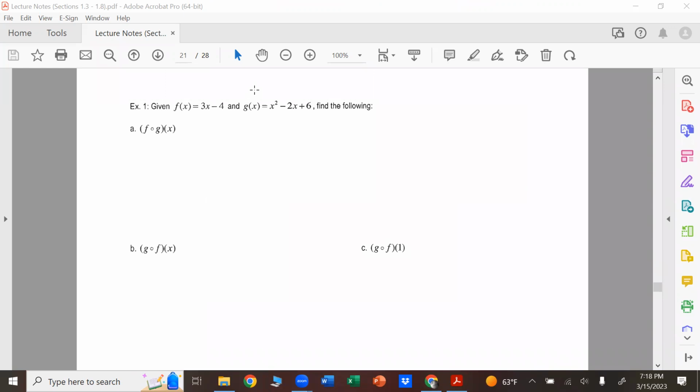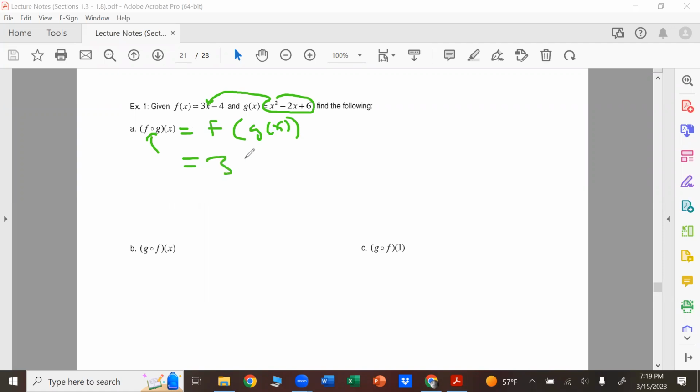So here we're plugging a function into a function. When you see this here, where it looks like an open circle, it actually means f of g of x. Just a shorthand notation, I suppose. So you're going to replace x in the f of x equation with x squared minus 2x plus 6.